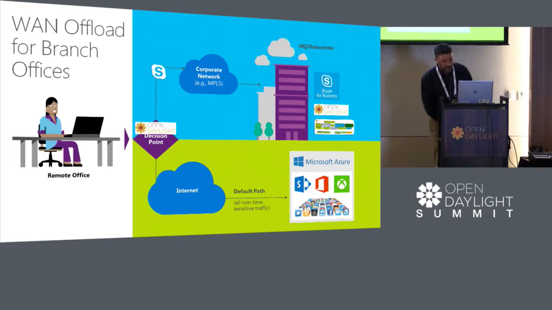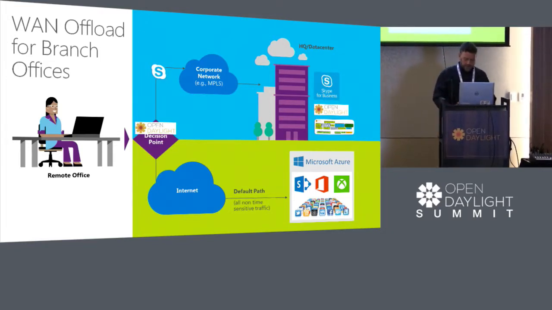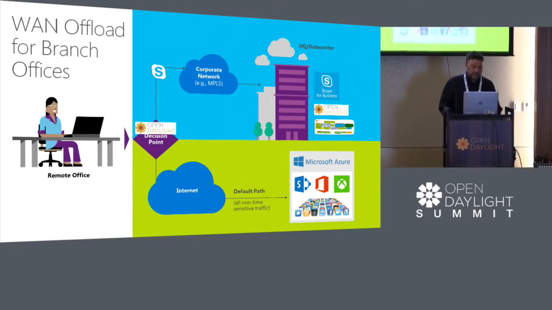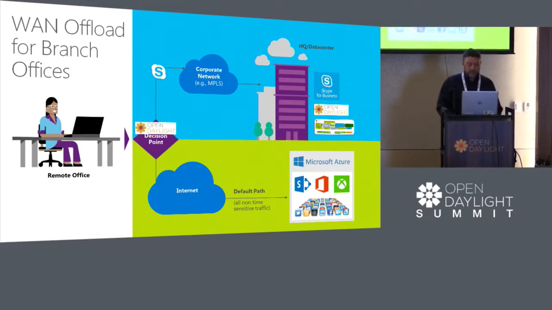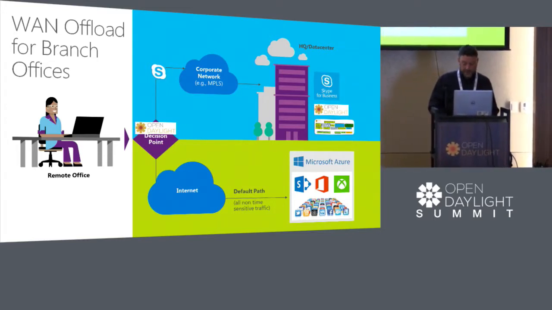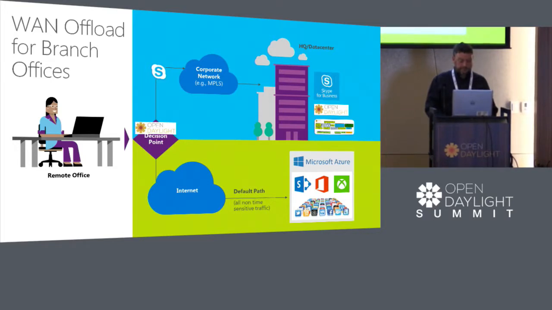They talked about the internet-first initiative, where by default things will go to the internet and only the things that need special treatment will use the expensive corporate network. And so we're building a solution to help them solve that problem in cooperation with some of the ONF members and the Microsoft IT team.